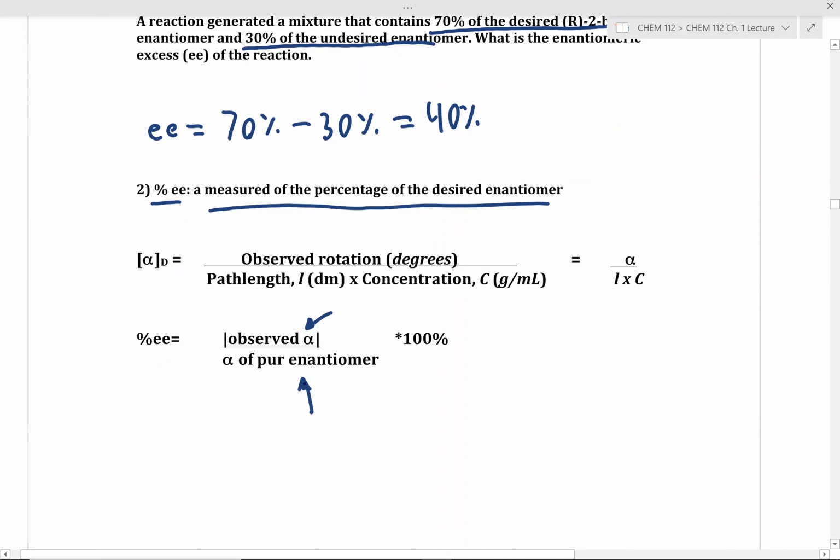I personally like enantiomeric excess, as often we're looking to see how efficient our separation was at generating an excess of our desired enantiomer, or how efficient our reactions are at generating an excess of our desired enantiomer. Okay, so these are our two methods. So if we're given a mixture, we can certainly calculate the enantiomeric excess and the %EE, and it essentially gives us a gauge of how much of our desired enantiomer is present in a mixture.